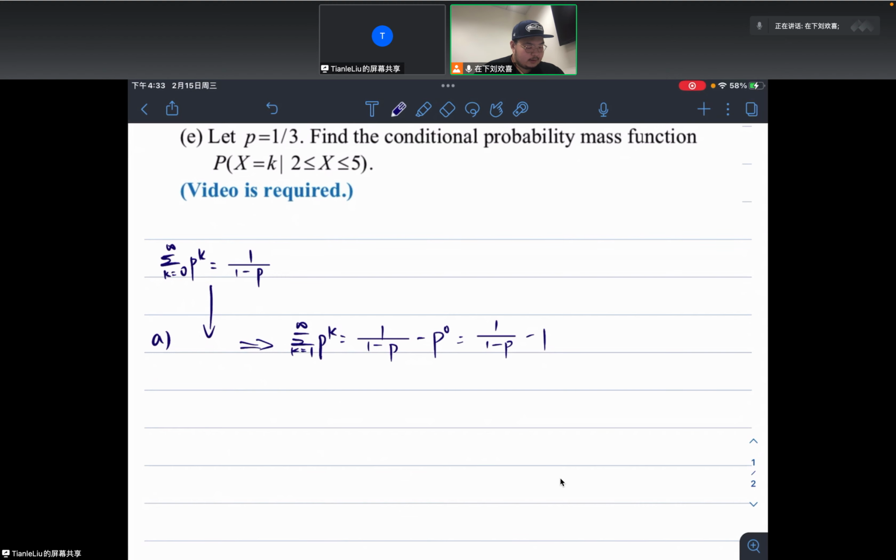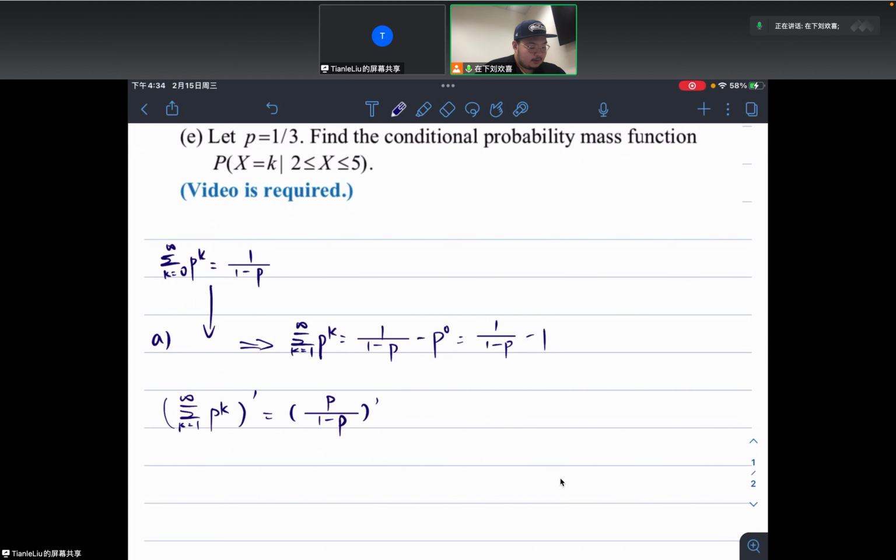So for this one, we differentiate by p, and the right side of this one is 1 minus p minus 1, over p.